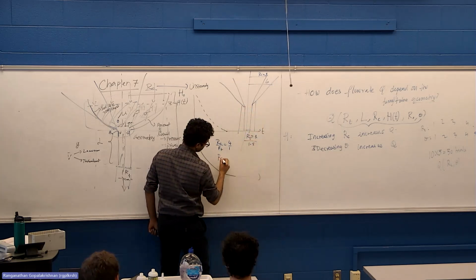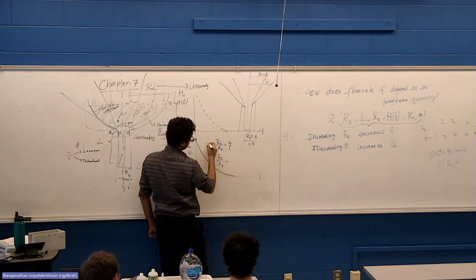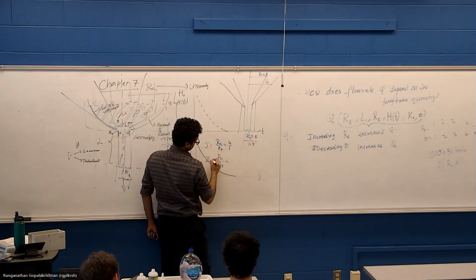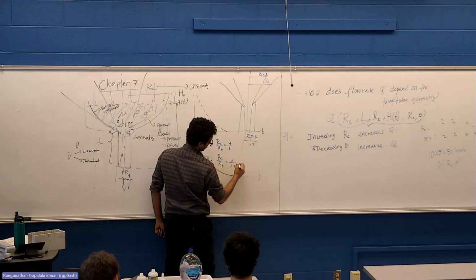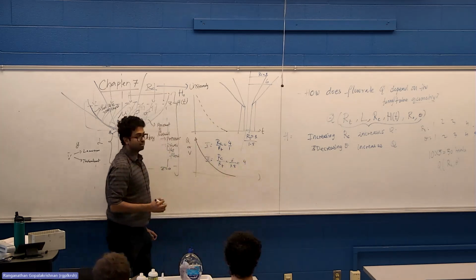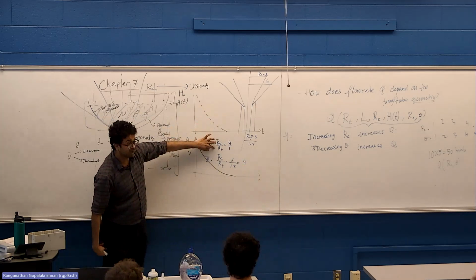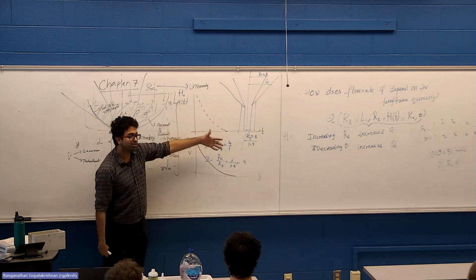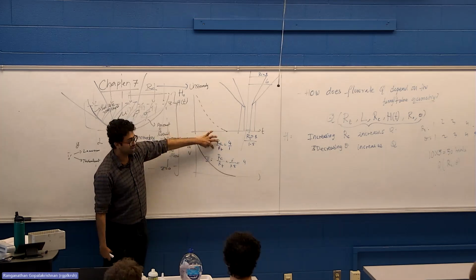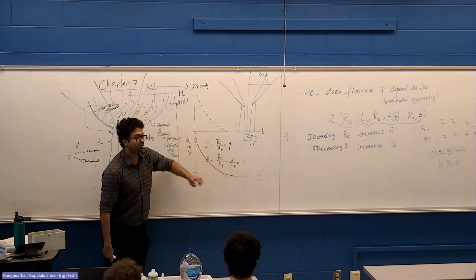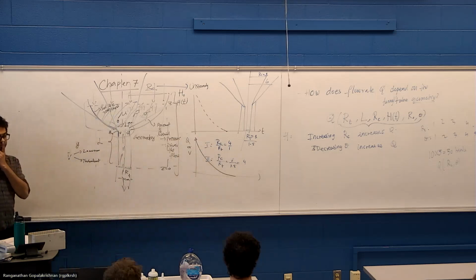So RC over RT in the second case, 6 units divided by 1.5, gives the same ratio. The question is, if you did an experiment with 4 and 1, will it also give the same flow rate as the experiment done with 6 and 1.5? What do you think?